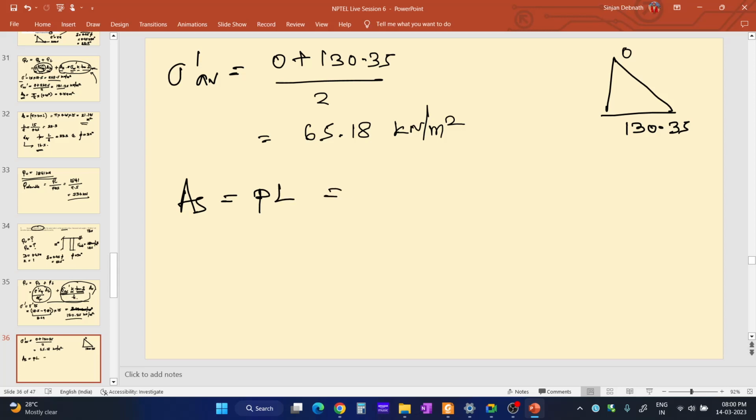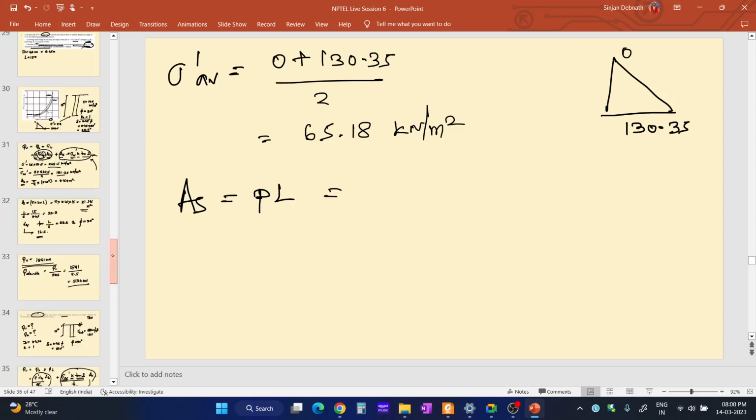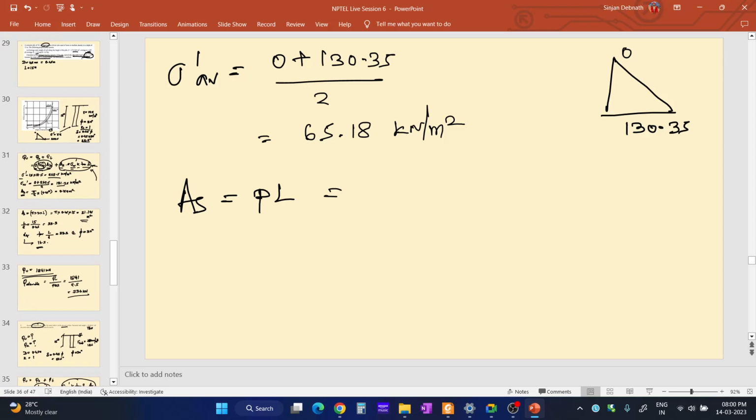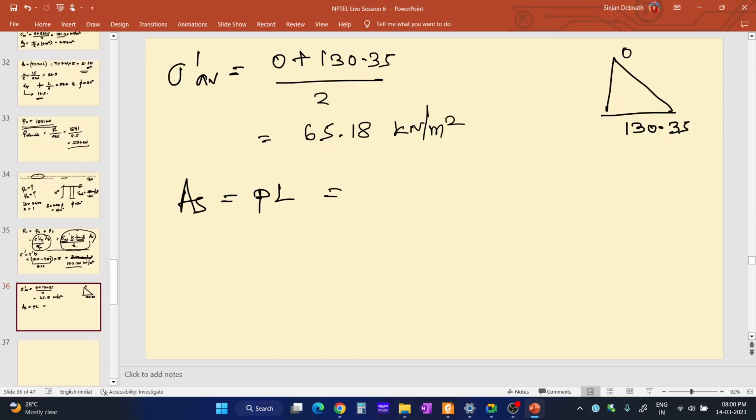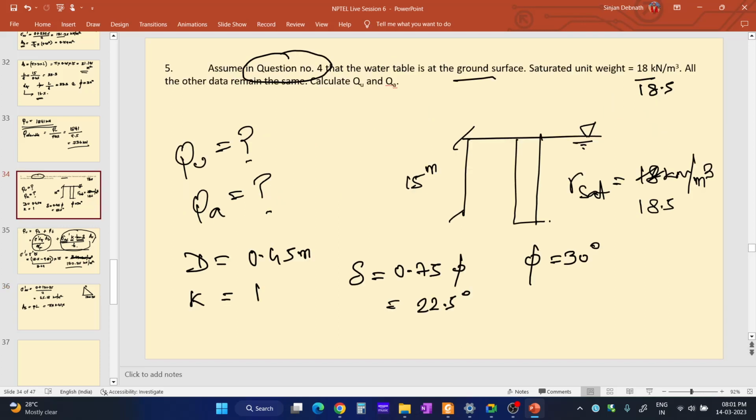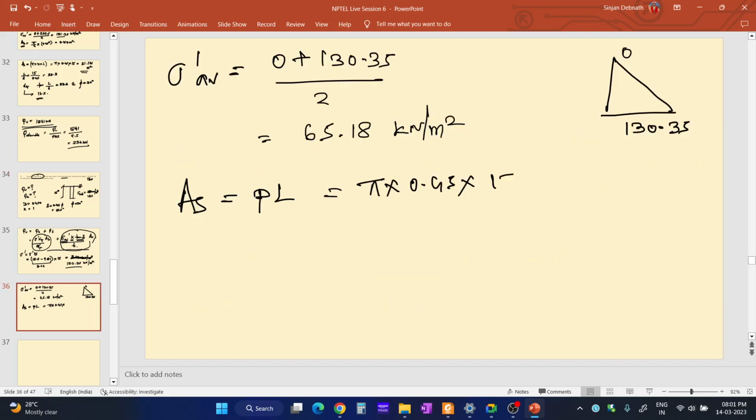How much is the perimeter? What is the diameter of the pile? Diameter is, I think, 45 centimeter. That means perimeter is pi into 0.45 into L. How much is the length of the pile? It is 15 meter.